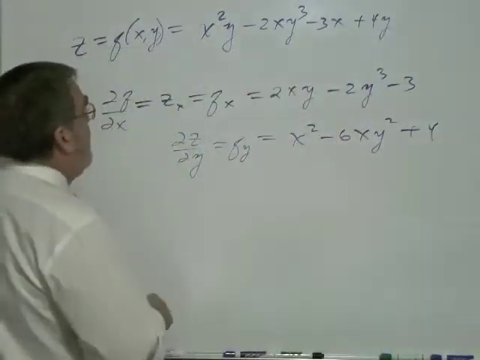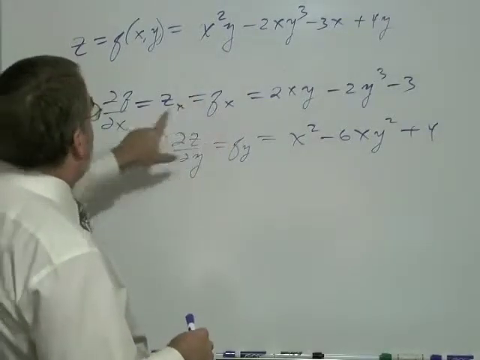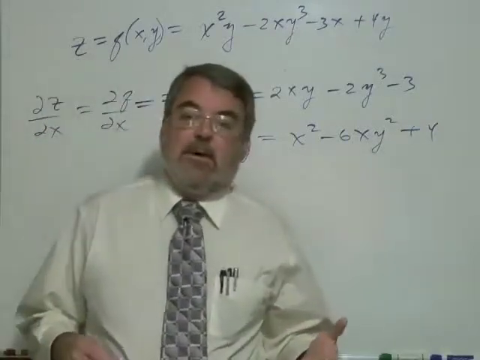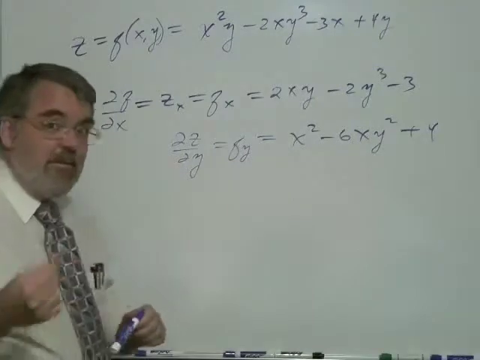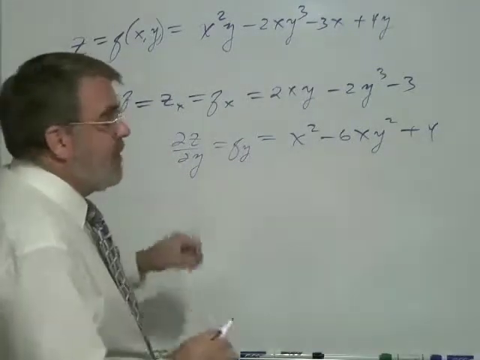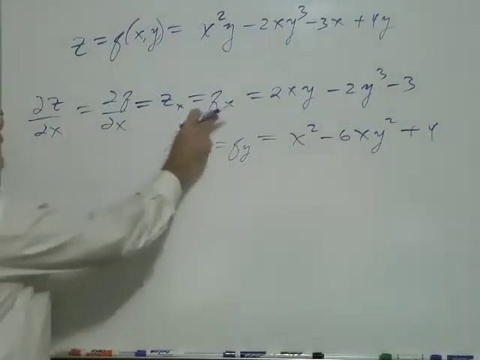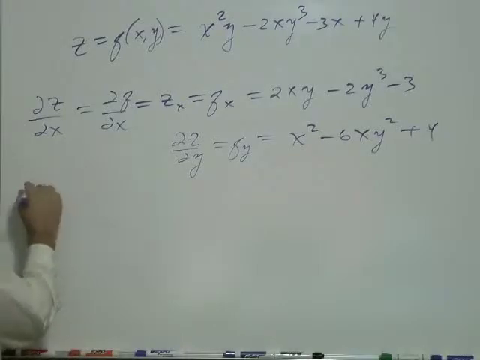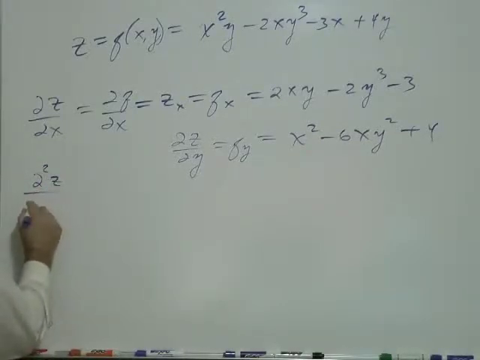We're looking at these partial derivatives. Here's the partial with respect to x, partial with respect to y. It makes sense to talk about second partial derivatives. And that plays a role in what we're about to do in differential equations. So the second partial derivative with respect to both x's would be notated something like this: partial squared of z with respect to x squared.